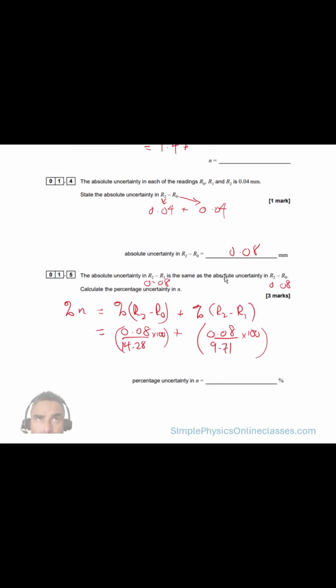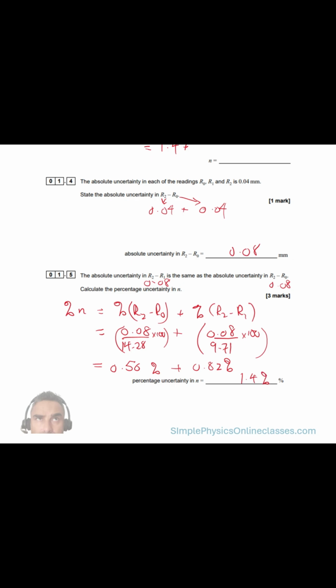So what does that give me? This one is 0.56% plus 0.824% or 0.82%. So if you add them both together, you get 1.38% or 1.4%.